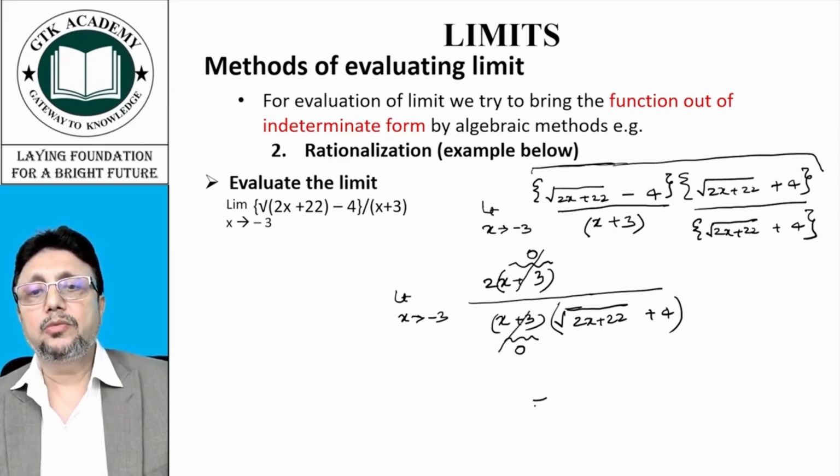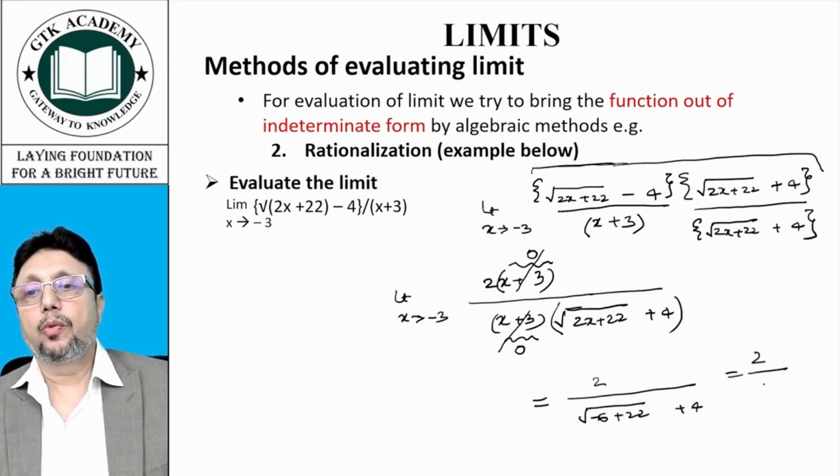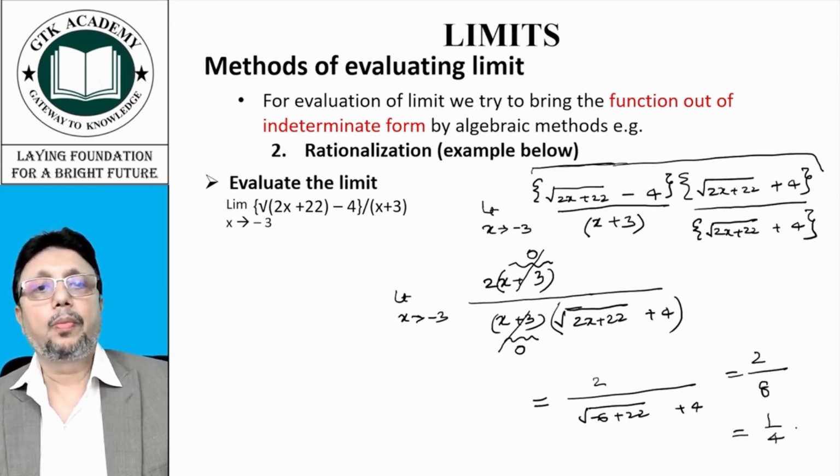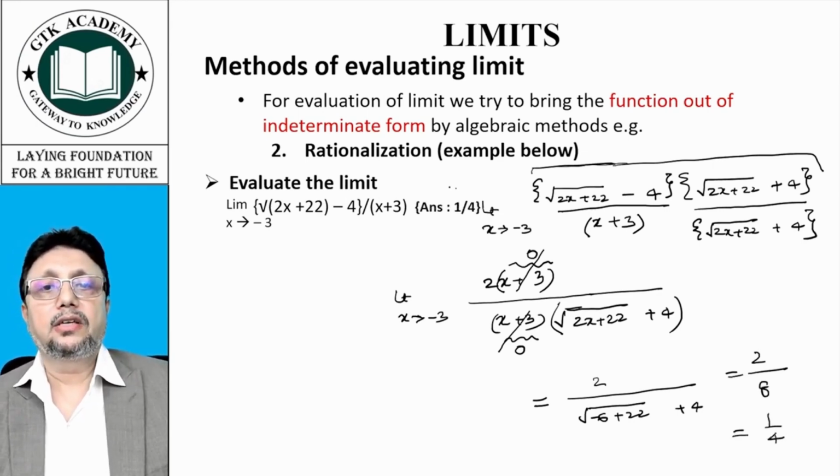So the function becomes 2 upon under root minus 6 plus 22 plus 4, which is equal to 2 upon 4 plus 4, means 8, which is equal to 1 upon 4. And that's the answer.